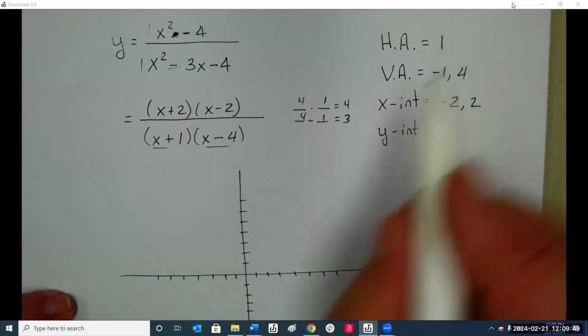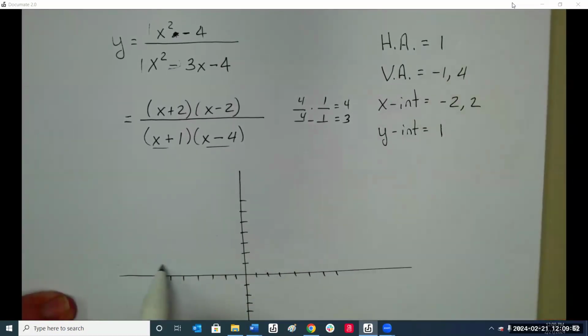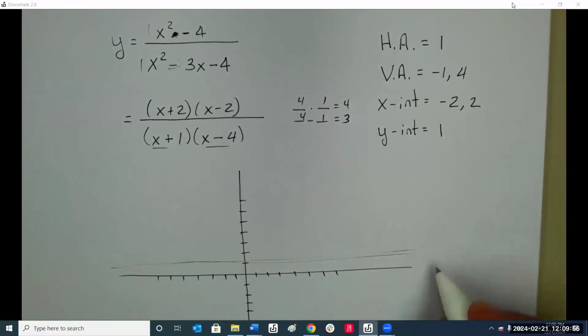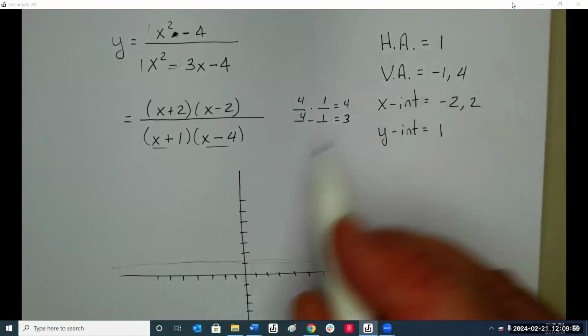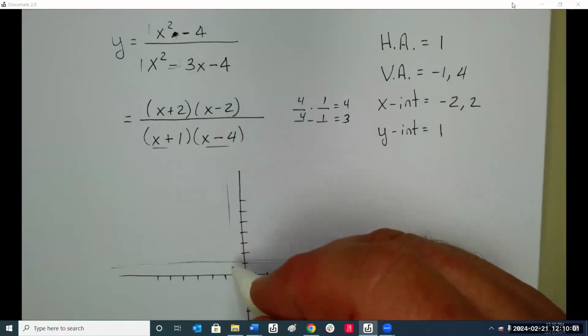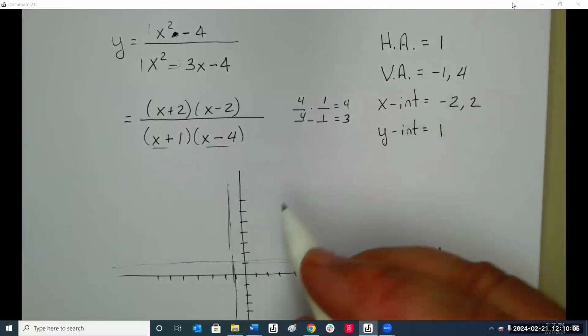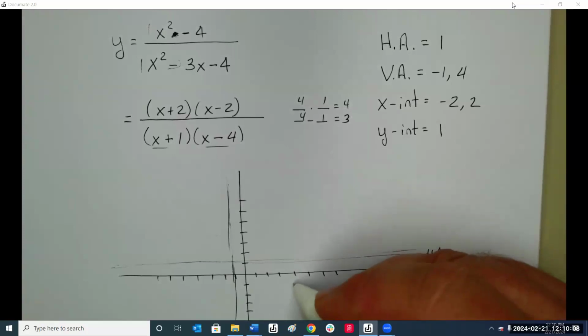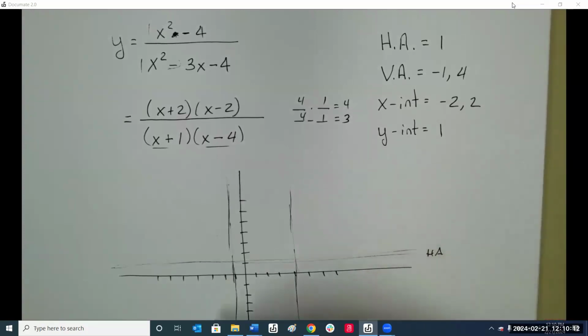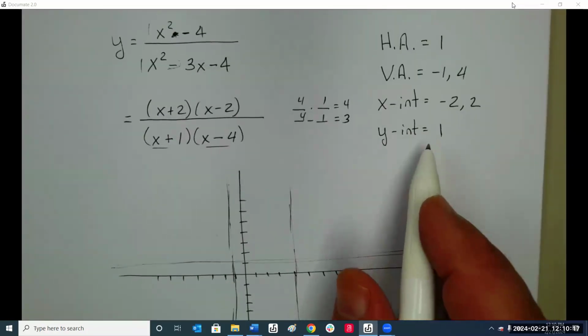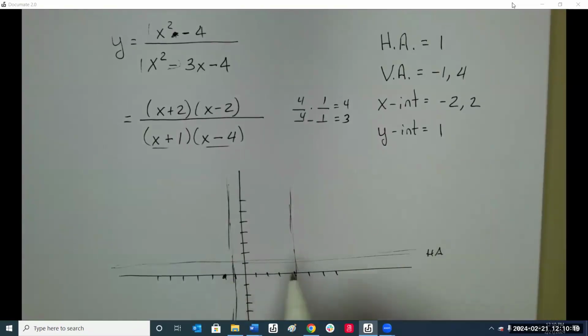So I have a horizontal asymptote at 1. That's one. Vertical asymptotes at -1 and 4. X-intercepts at -2 and 2.